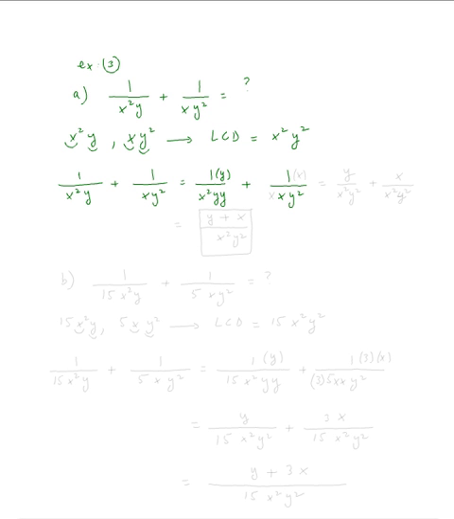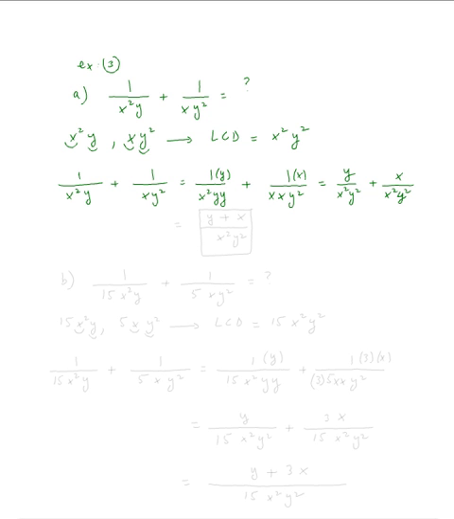On the second term, I'm missing x, so I multiply x by x to get x squared, so I multiply the top by x. This is going to give me 1 times y is y over x squared y squared plus x times 1 is x over x squared y squared.